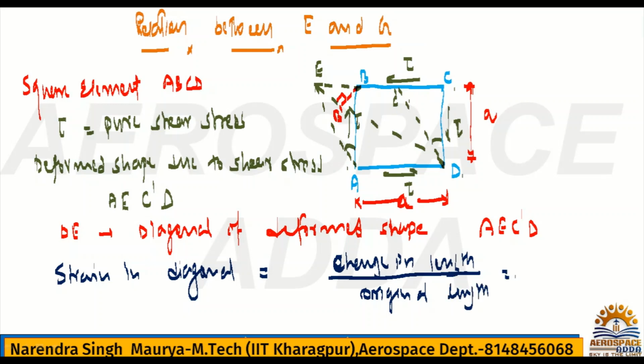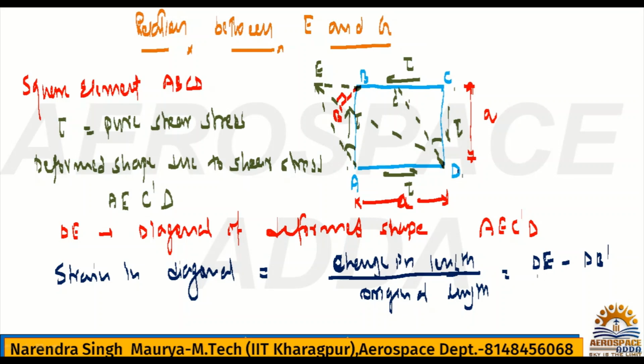If you see, change in length is DE minus DB dash. DE minus DB dash is the change in length divided by original length.